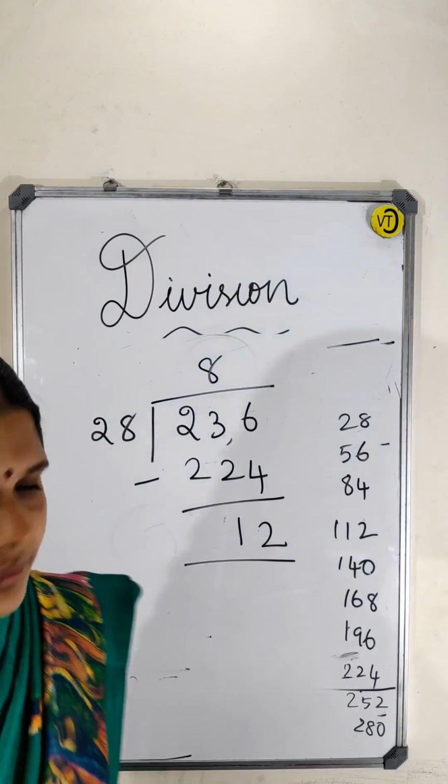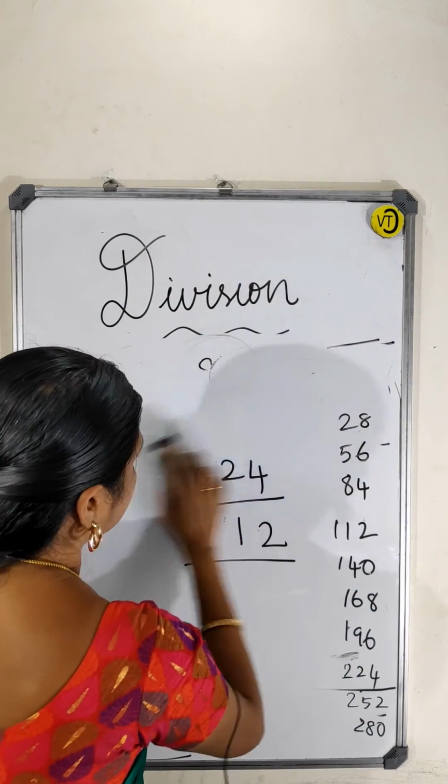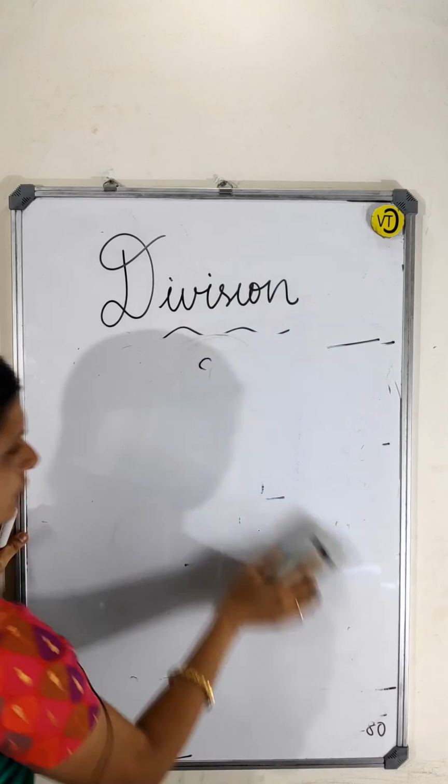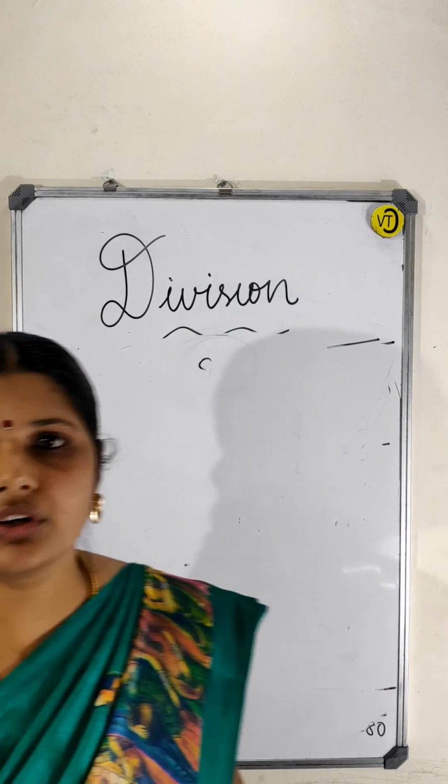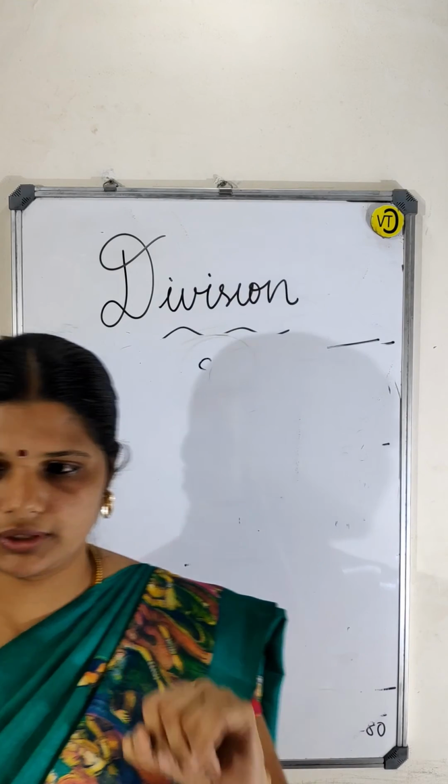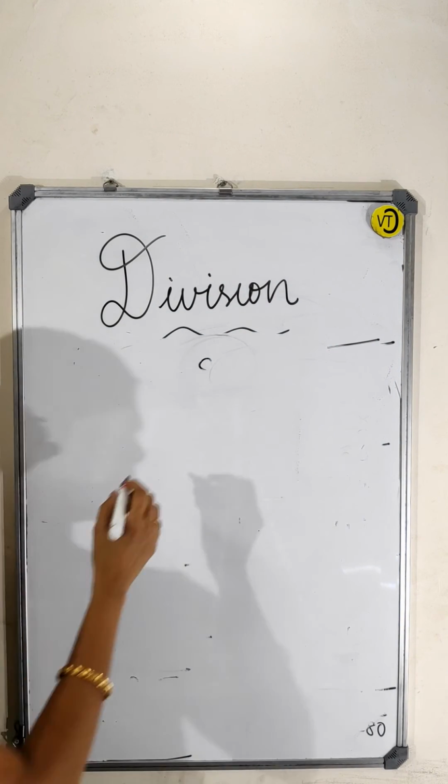Okay, guys. The next sum is division of 4-digit number by a 2-digit number. Yes, 4-digit number.